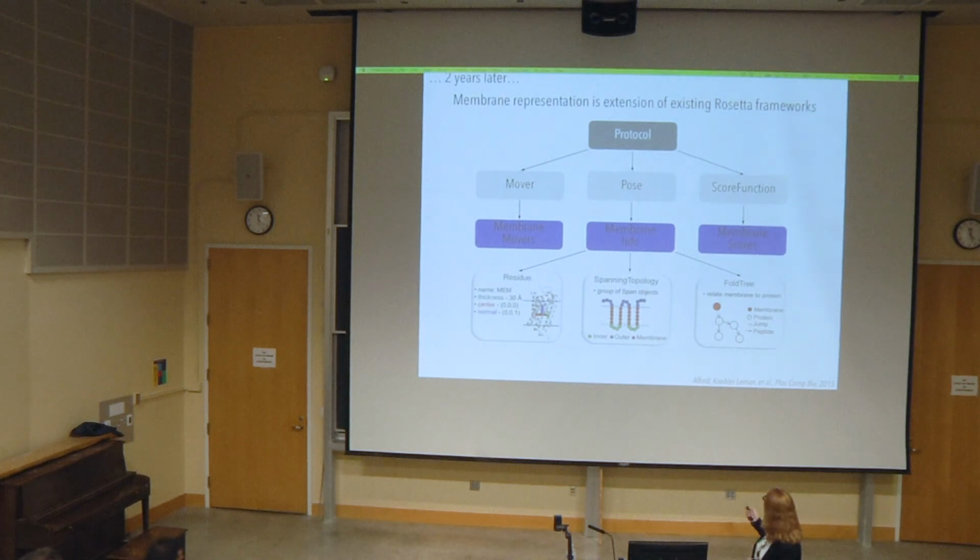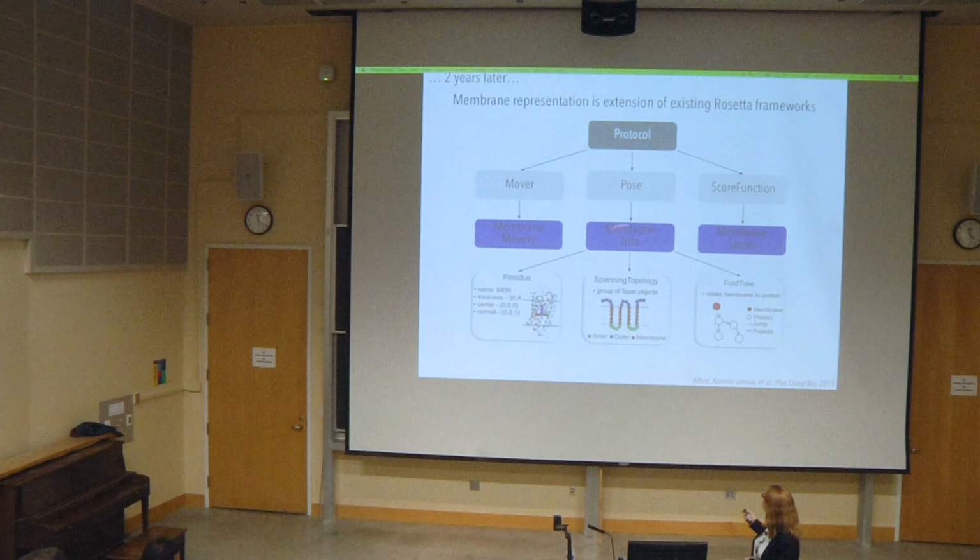So basically every protocol, or every tool that we're looking at, has three main components. The first one is the pose, which is basically the biomolecule that you're modeling. Most of the time this is going to be your protein. Then we have movers available to make a certain change in that structure, and then a score function to evaluate whether that change was a good change or a bad change.